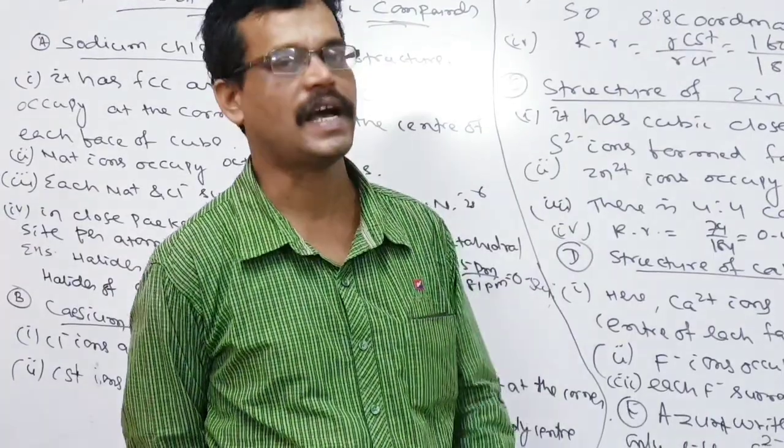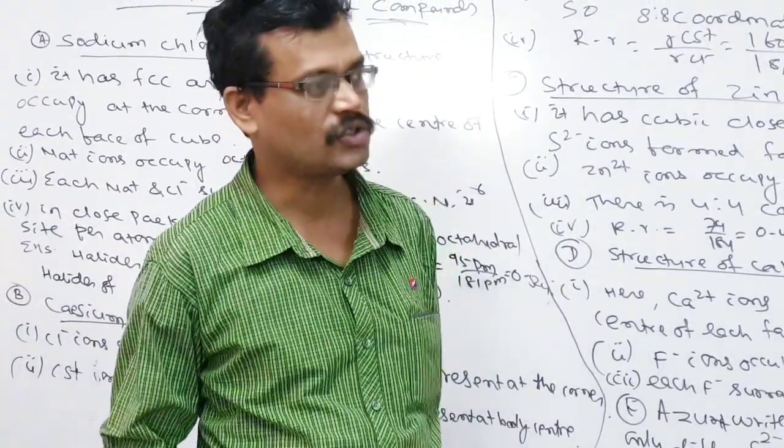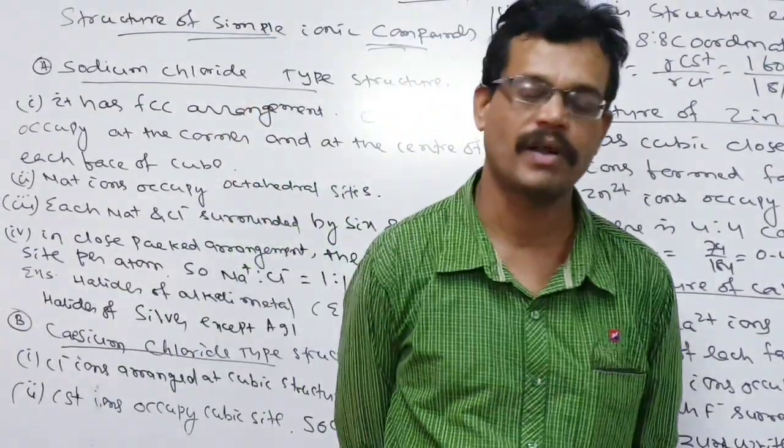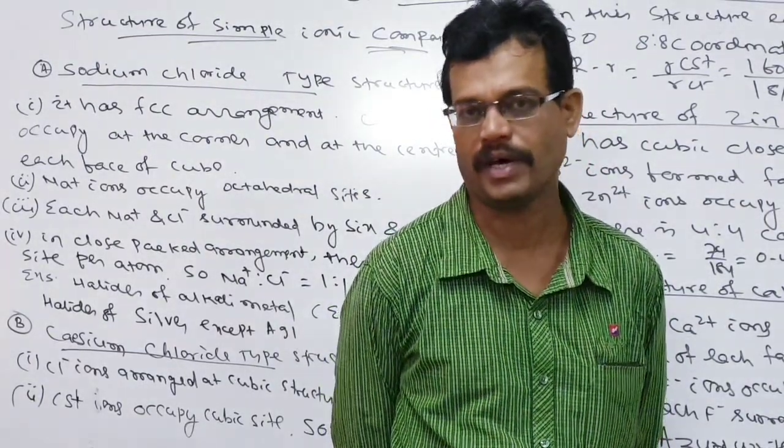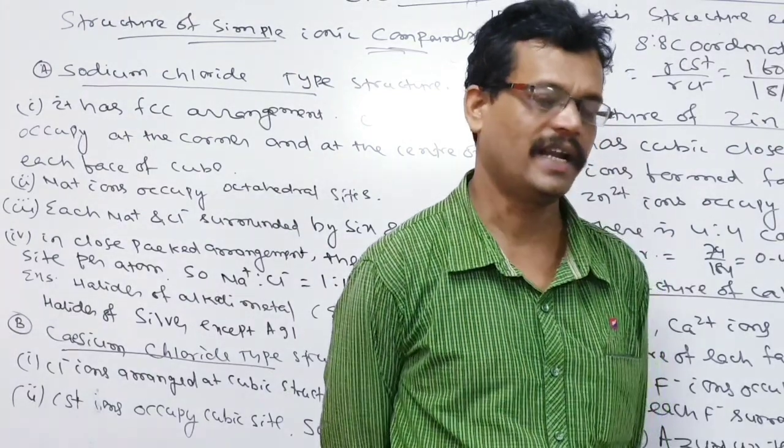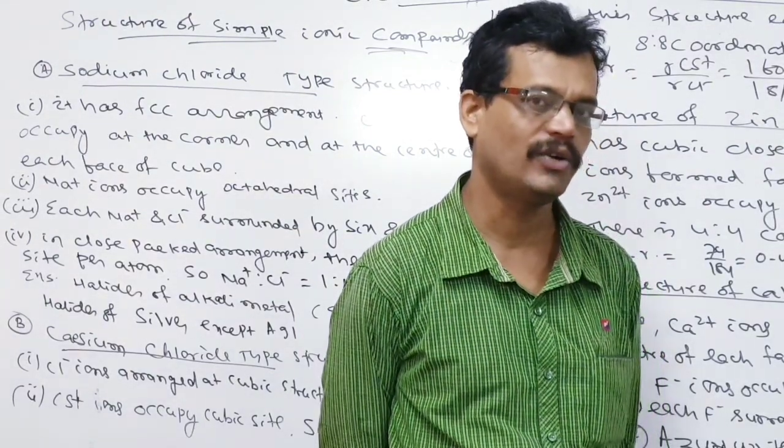Now in these ionic solids, the chemical formula may be AB or AB2. AB means 1 cation and 1 anion, and if it is AB2, then 1 cation and 2 anions.